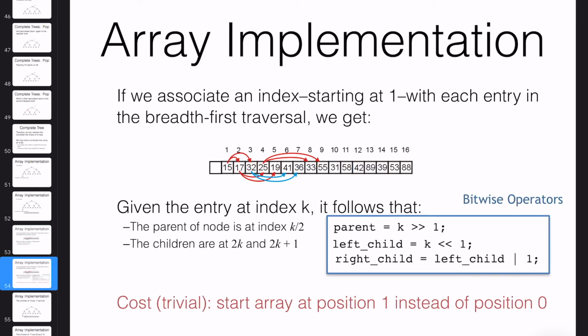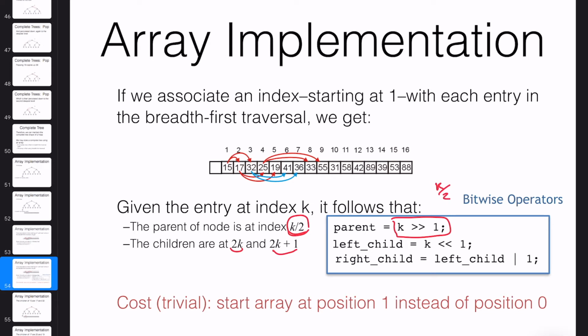Just one more thing about these formulas. K divided by 2, 2k and 2k plus 1 are nice formulas that can be implemented using bitwise operators. Instead of division, you can implement k divided by 2 using a bitwise operator: shifting k just one bit to the right is exactly k divided by 2.